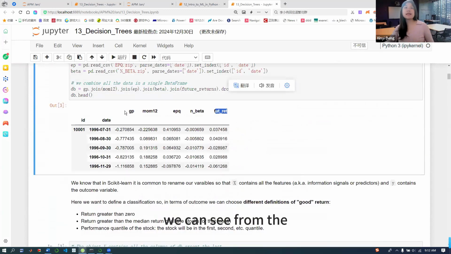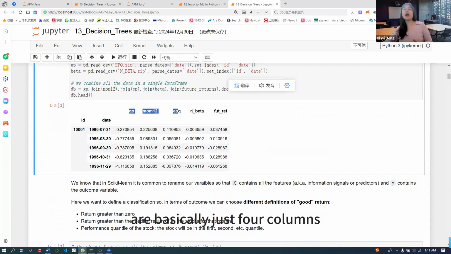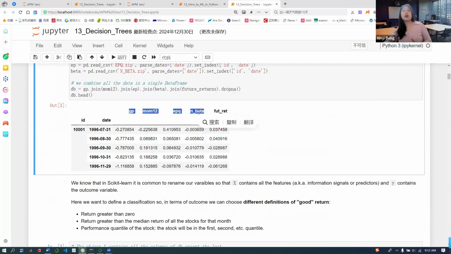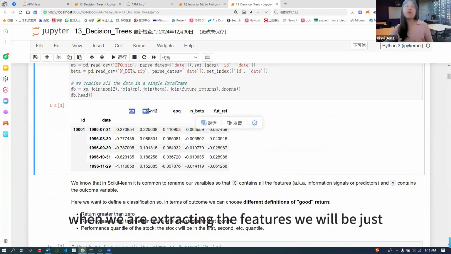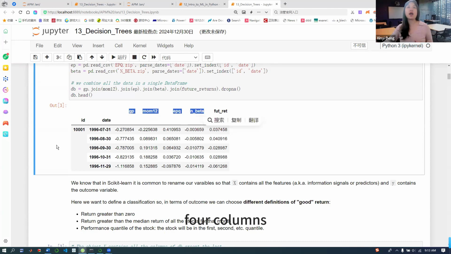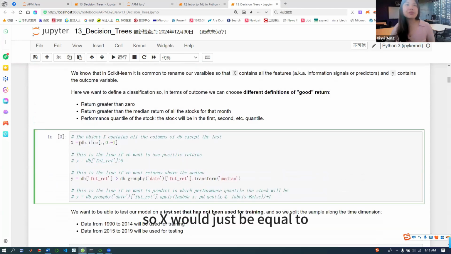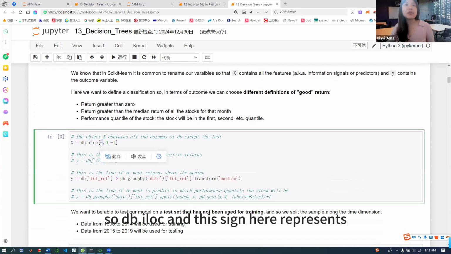So we can see from the data structure here that our features are basically just the 4 columns before the last column. So when we are extracting the features, we will be just extracting those 4 columns. So X would just be equal to db.iloc, and this sign here represents every row.